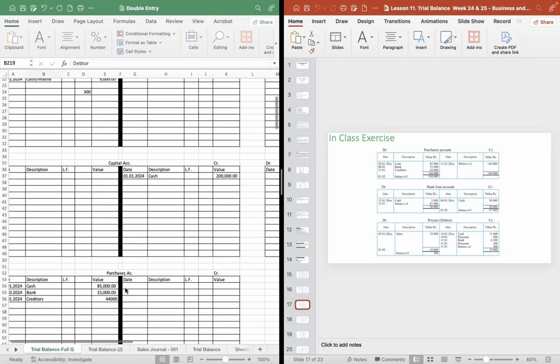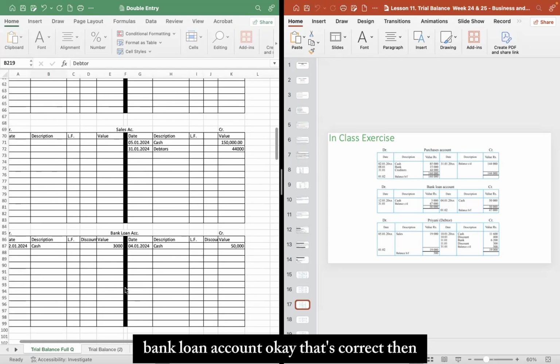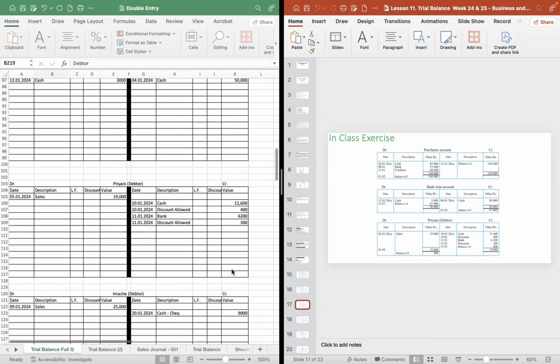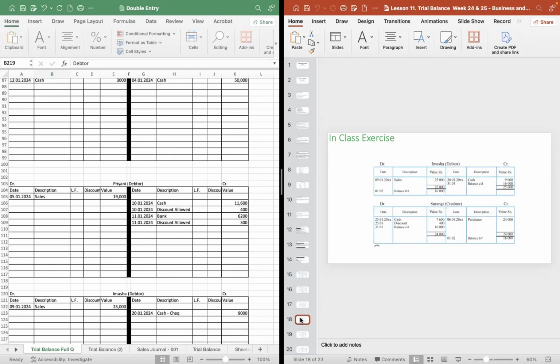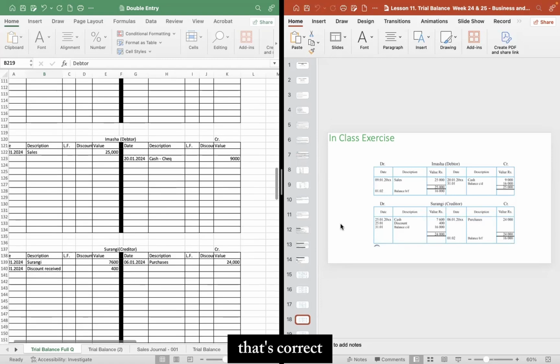Then bank loan account. That's correct. Then Priyani debtor, correct. Imasha debtor, correct. Then Surangi 24, correct.